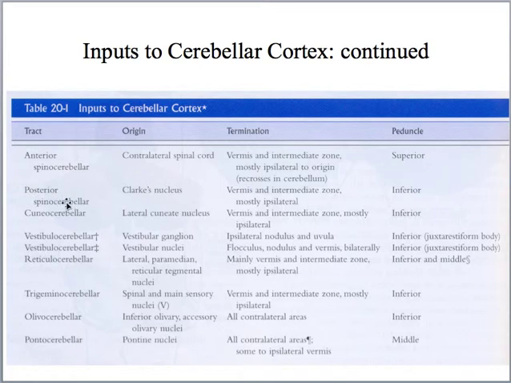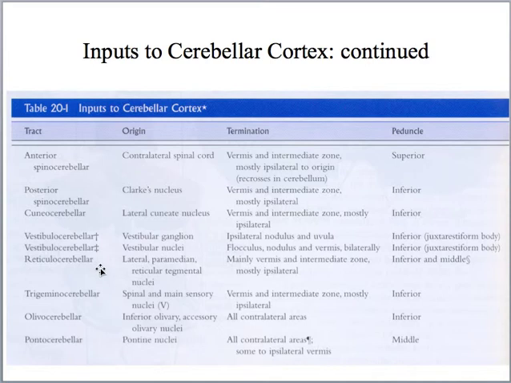The posterior spinocerebellar tract originates in the Clarke's nucleus. It's going to terminate in the vermis, and it enters into the cerebellum ipsilaterally via the inferior cerebellar peduncle. The cuneocerebellar tract originates from the lateral cuneate nucleus. It's going to terminate in the vermis. It's going to enter via the inferior cerebellar peduncle.